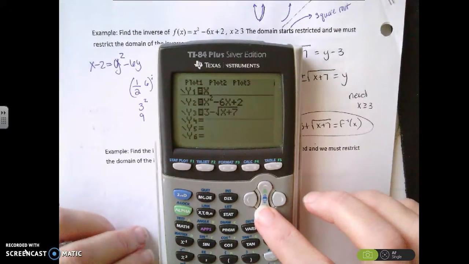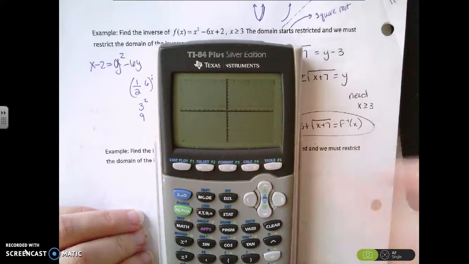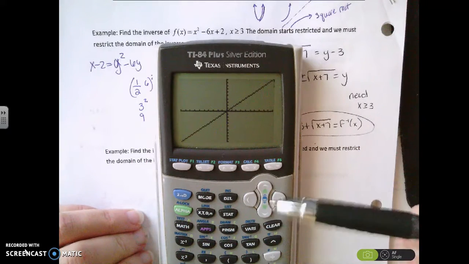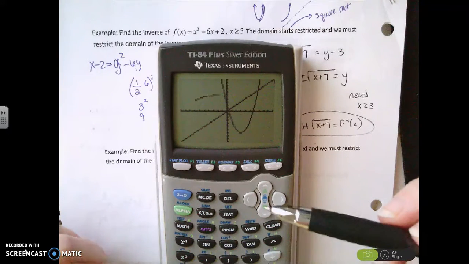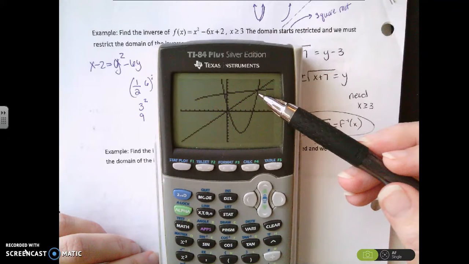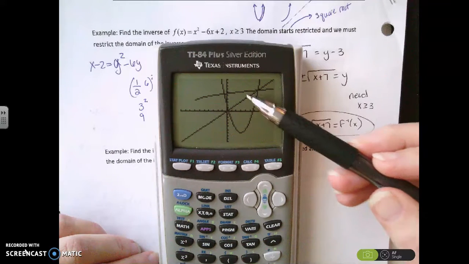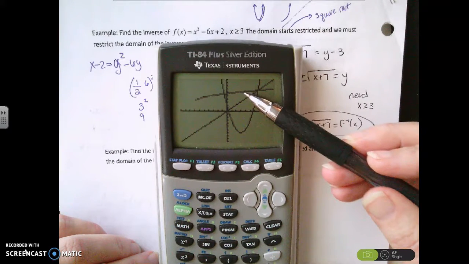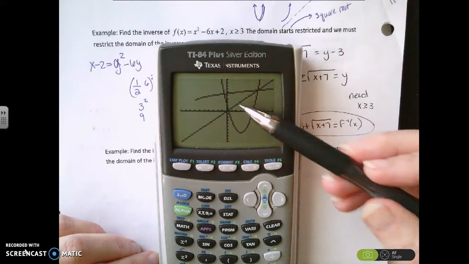So if I switch it and I make it the plus instead and I graph it, now again here's your y equals x line, your parabola, and there's your inverse. Notice that the inverse and the parabola are touching at the correct point. You'll notice that this point over here would flip over the y equals x line to right here, and you've got your inverse there.